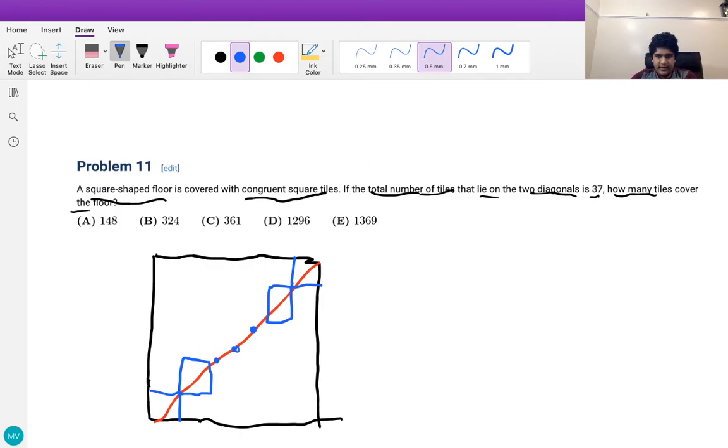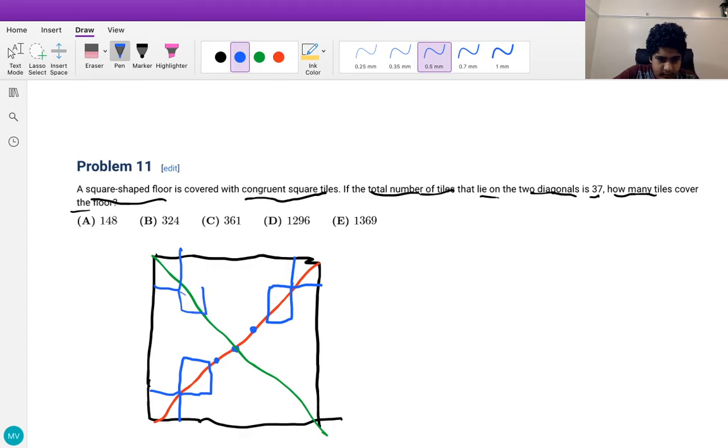This means that in order for the total number of tiles that lie on the 2 diagonals to be 37, we need to have the sum of the total number of squares on both diagonals. Note that this is not the only diagonal that there's squares that could be on. This diagonal also gives possible squares, right here.